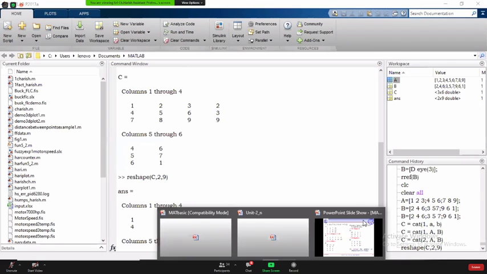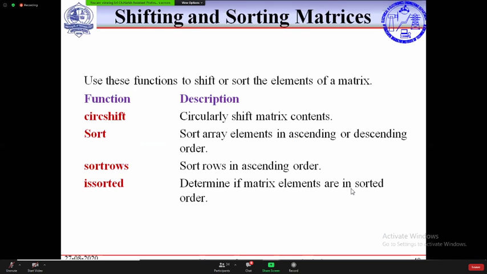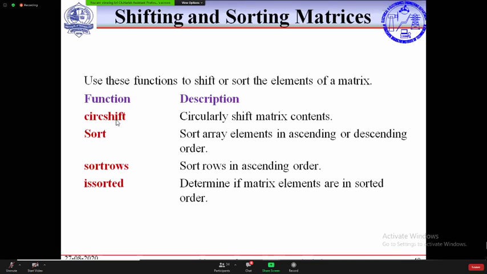Okay, we have done the reshaping part. Then coming to shifting and sorting matrices. This is also a very important task. Sometimes you want to sort in a different way. How to shift it, how to sort it. In shift and sort, these are the logical functions we have. Circular shift: circularly shift the matrix contents, meaning you want to shift all the elements in a circular way.